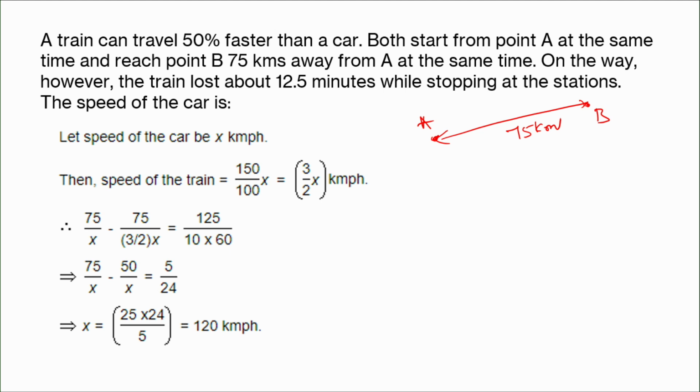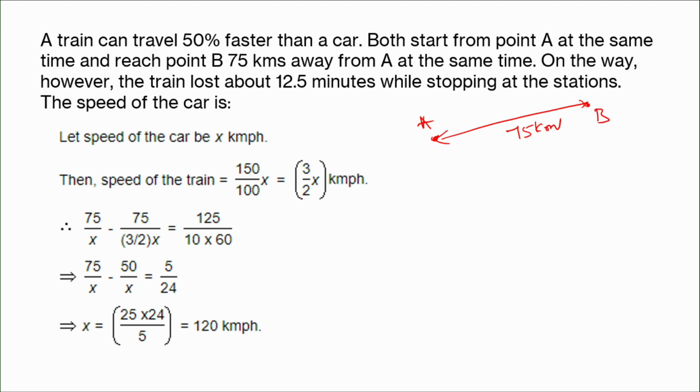They started from the same point A, but both reach B in the same time. The reason is also given here: the speed is more, no? But the train will stop at different stations, and for stopping at the station and starting again, this delay takes 12.5 minutes.